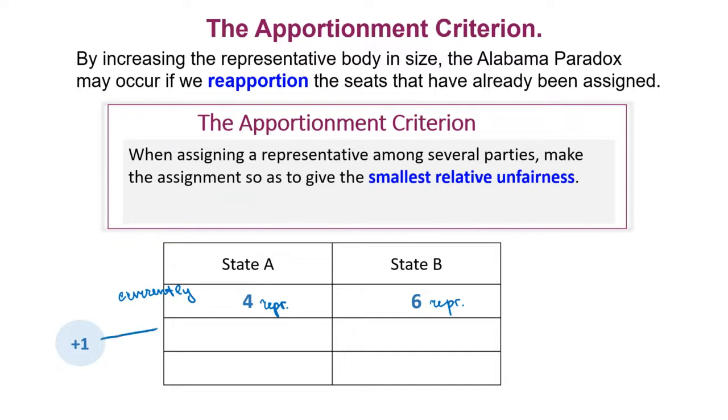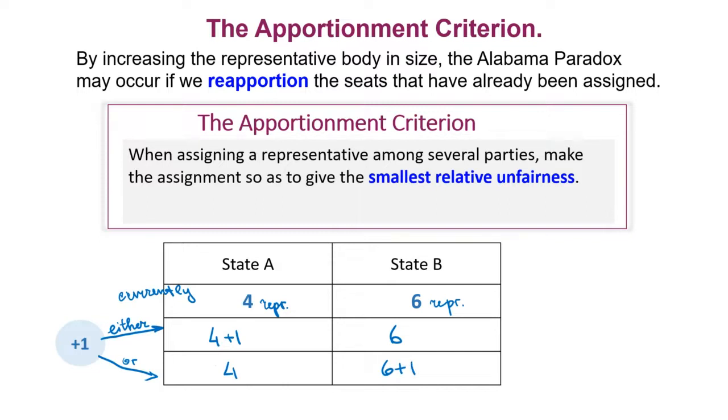And we decide what to choose. Either to give this one to state A or to state B. Either A gets 1 and B has 6, or state A keeps 4 representatives and state B gets an extra.